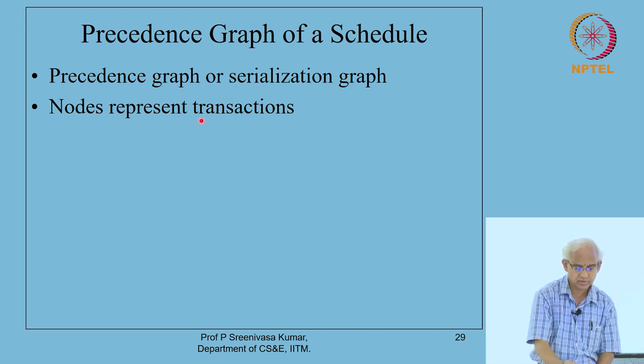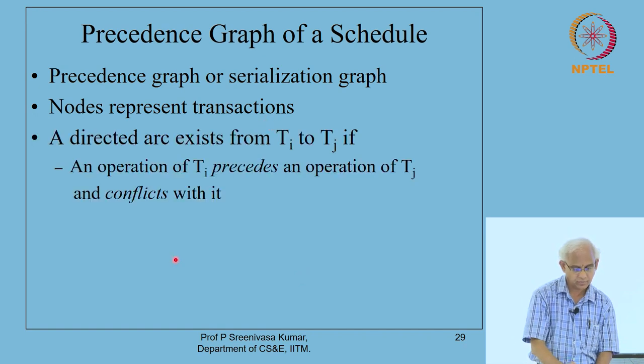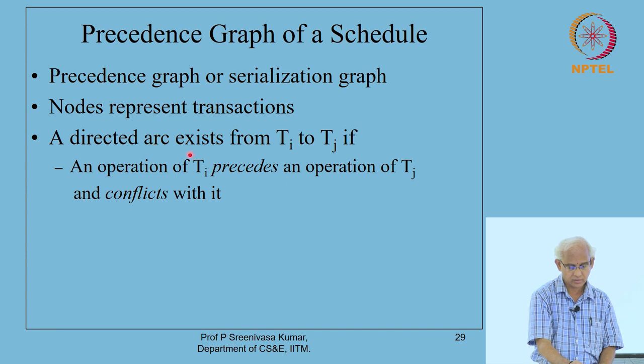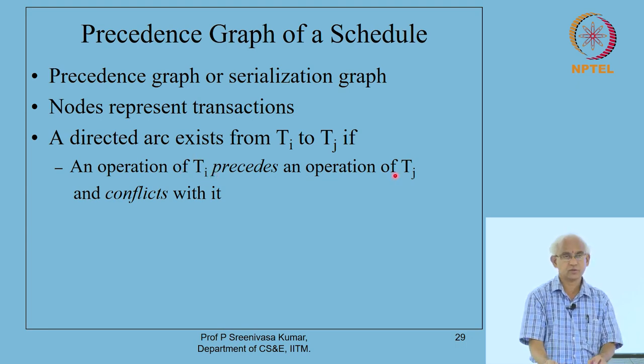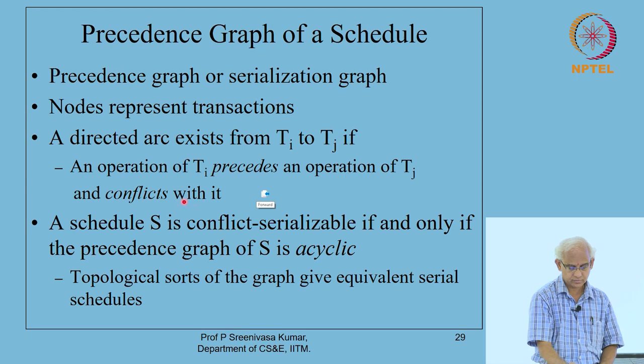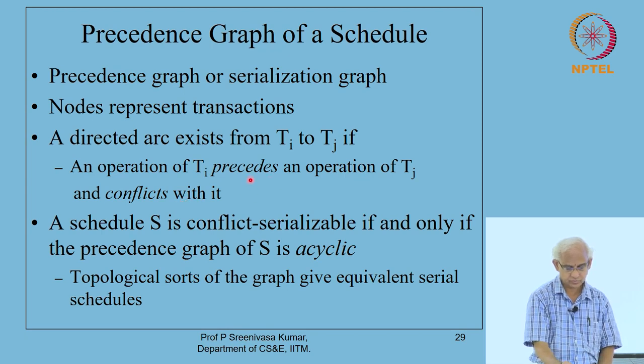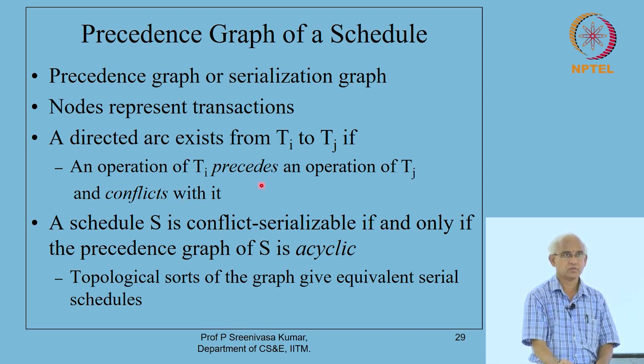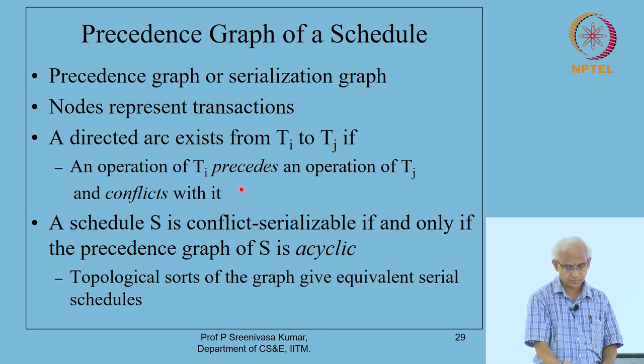The nodes represent transactions here, and there is a directed arc from Ti to Tj if an operation of Ti precedes the operation of Tj in the schedule, precedes meaning comes before, and conflicts with it. If that is the case, we can put an arc.